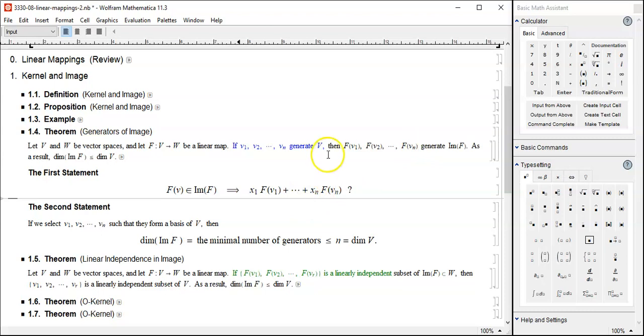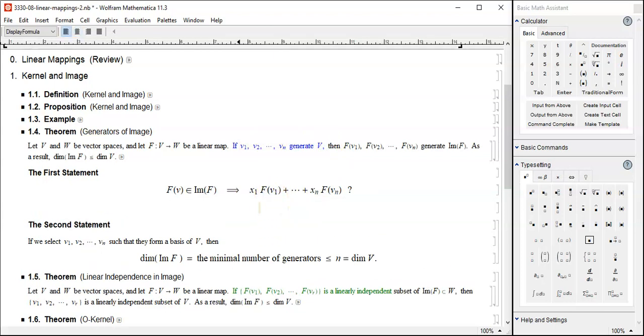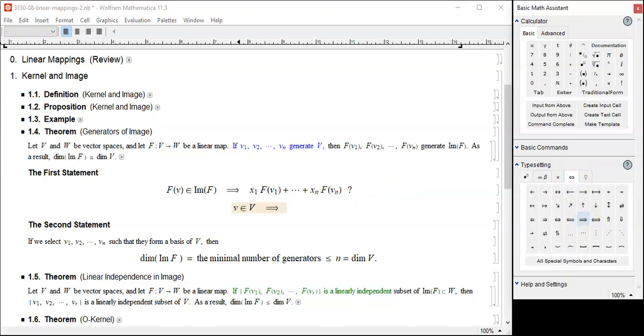And then what we know, well, we know v1 through vn generate V, so this is what we know. If we select an arbitrary element v of capital V, then this can be written as a linear combination of v1 through vn. That we know.